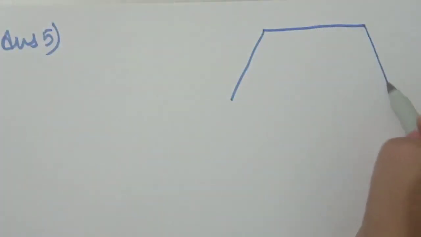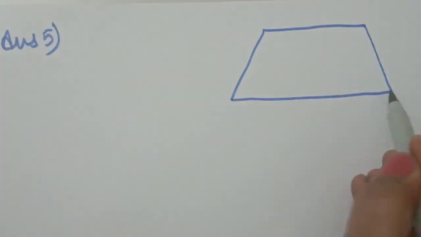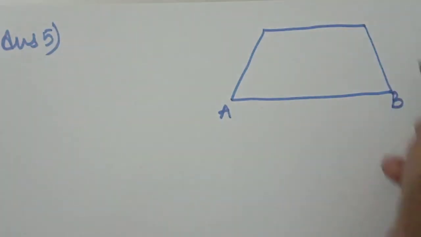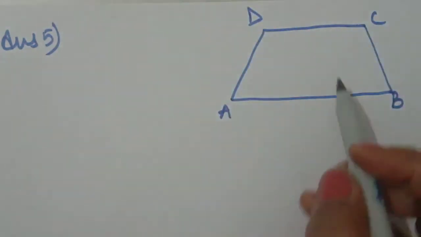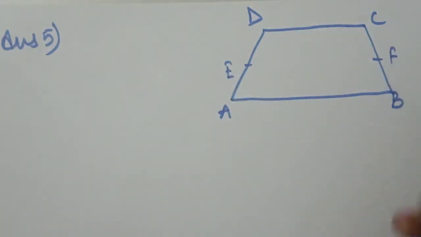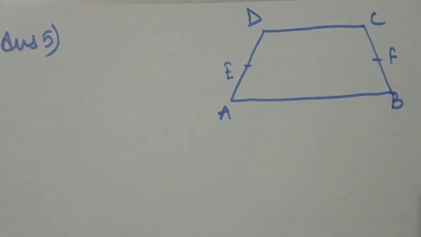So students, answer 5. First of all, we have to draw a trapezium ABCD. This is our trapezium A, B, C, D. So students, these two are the midpoints which are already given of the two sides.